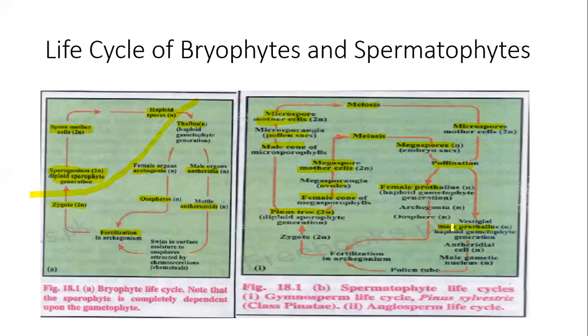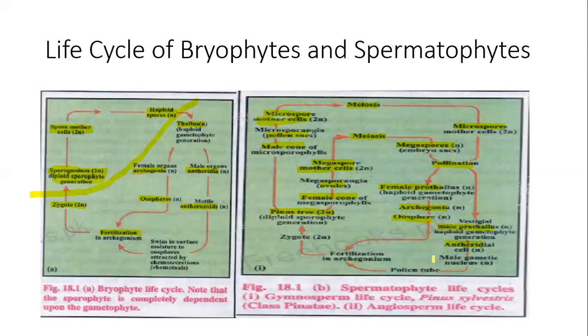After the production of both types of prothallus, the female prothallus will produce archegonium in which oosphere will be produced. What is oosphere? Oosphere is also called egg. On the other side, the male gametophyte will produce antheridial cell.